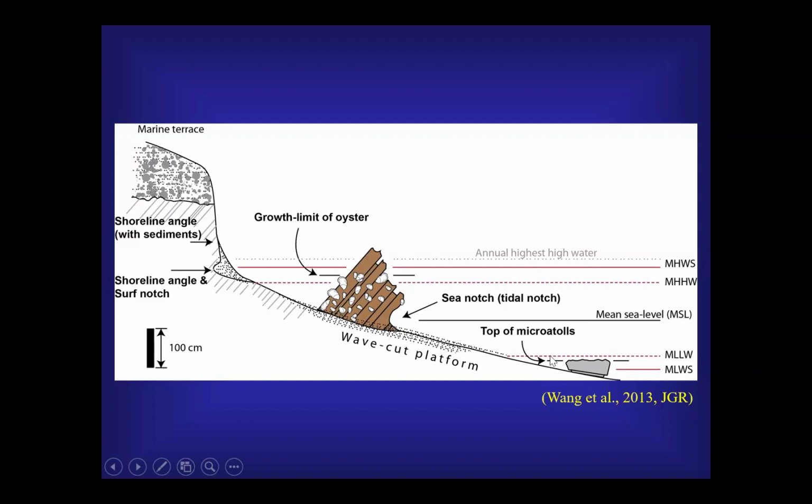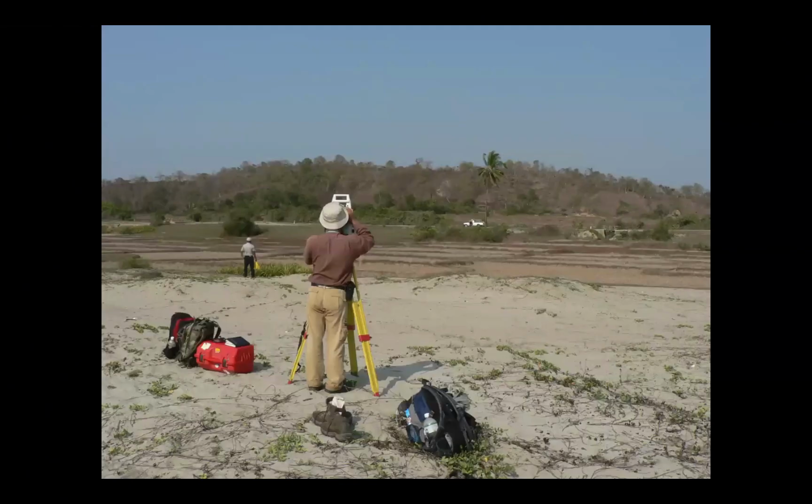So we need to compare the right material to the right sea level location. And because of that, the survey work is very, very important in our work. So we need to do a lot of survey.